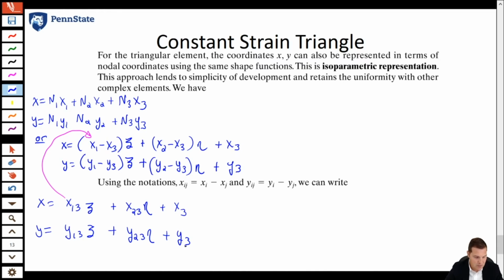This is typically the place where students say, why are we doing this? Why do we have to represent with all these crazy natural coordinates? One of the best reasons I have for this is that it allows us to implement it a lot easier. It standardizes the form of the finite element implementation.